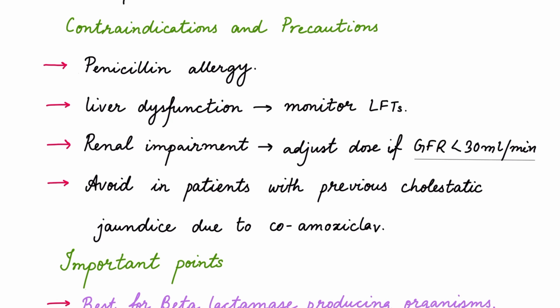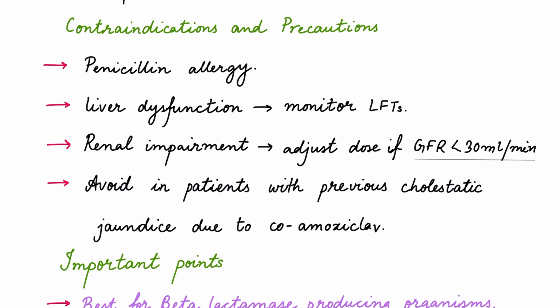Finally, a few important precautions and contraindications. Clavulanic acid should be avoided in patients with penicillin allergy and used cautiously in those with liver dysfunction. With regular monitoring of liver function tests, dose adjustment is required in severe renal impairment.